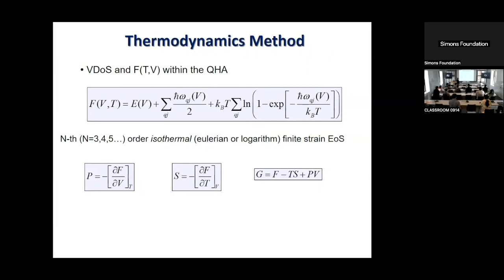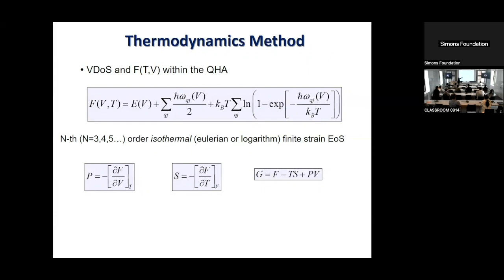I see, but do I view this as a function of volume or pressure? This is a function of volume that's optimized at static conditions, 0 Kelvin, no zero-point motion. And then you have frequencies there. Of course, as I said, this is approximate.